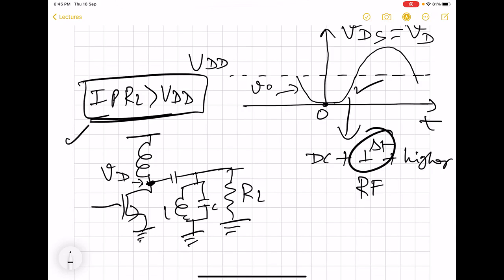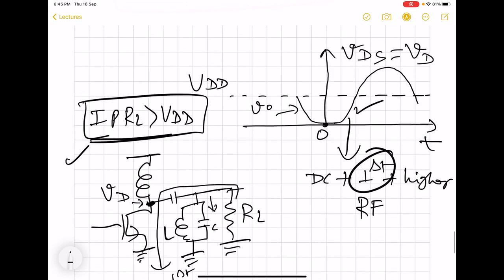And this L and C are designed in such a way that they block the flow of the fundamental in this direction. So the fundamental is actually pushed to the load. So the first harmonic flows like this. So what we will see ultimately, even in this case with this parallel tank circuit, is that the output waveform is actually going to be like this, a pure sinusoid.